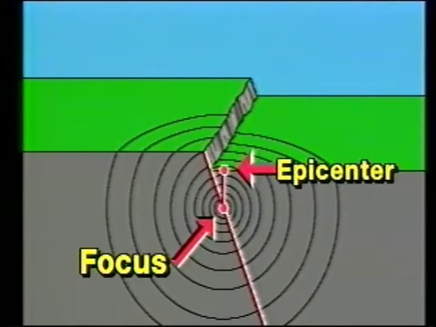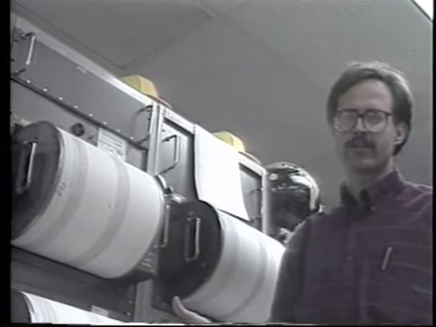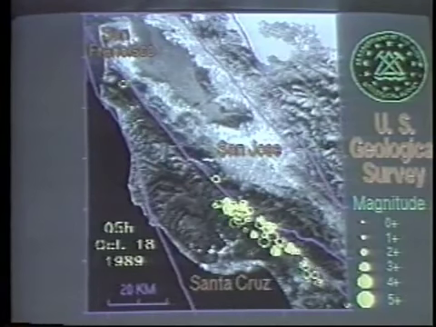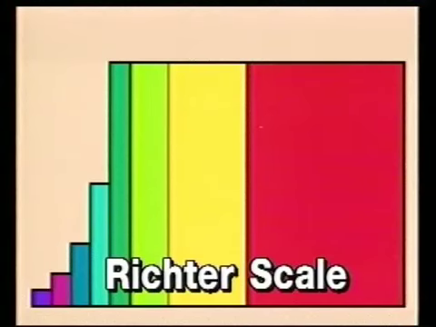To locate an earthquake center on the Earth's surface, known as the epicenter, experts must calculate findings from 3 different seismographs. The magnitude or strength of an earthquake is measured according to the Richter scale, which determines the amount of energy released by a quake.